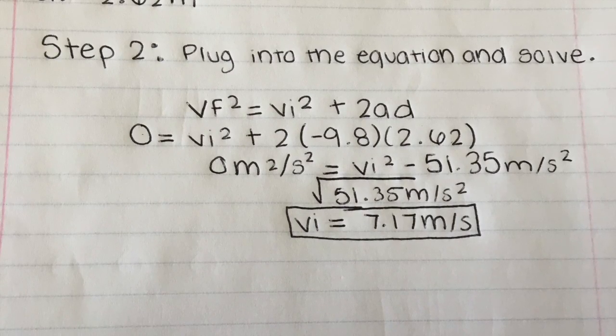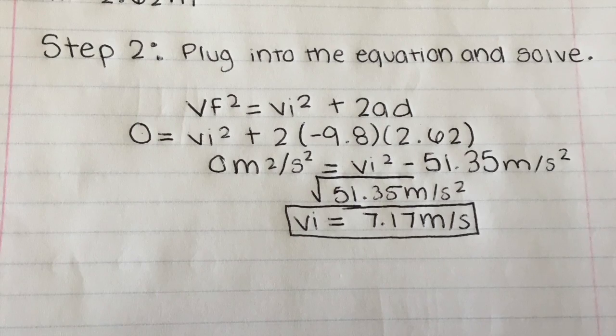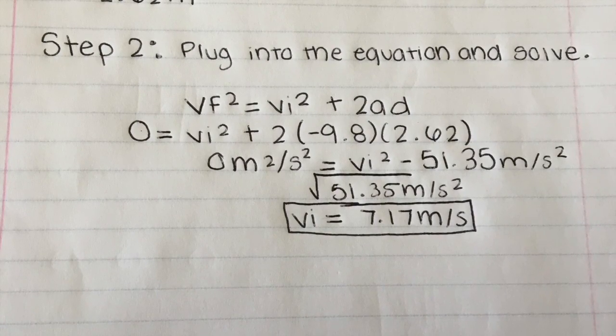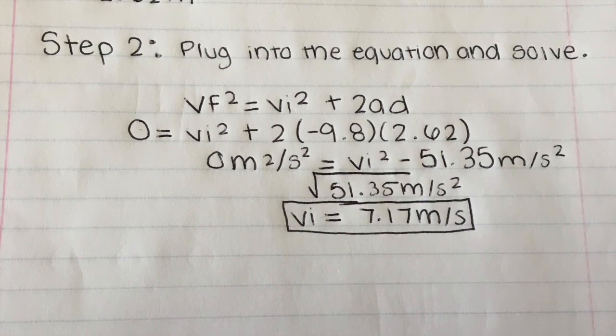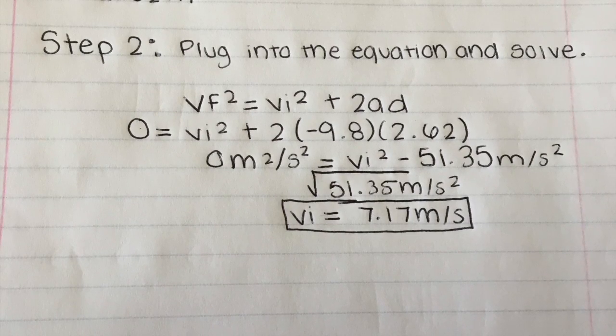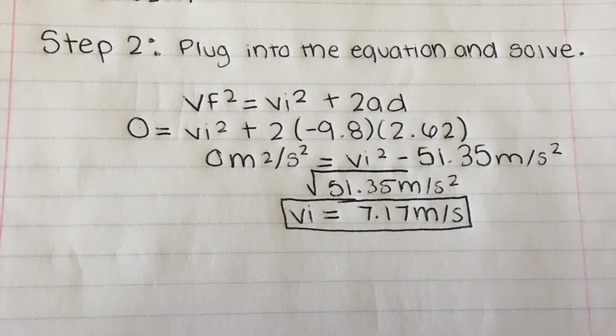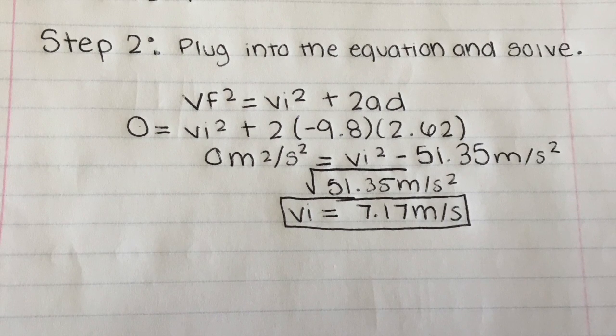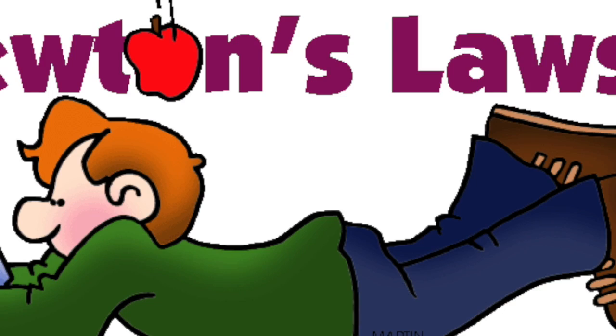And then I would get 0 equals VI squared minus 51.35 meters squared per second squared. And then I'd take the square root of 51.35, and I would get 7.17 meters per second. So Katie's initial velocity is 7.17 meters per second.